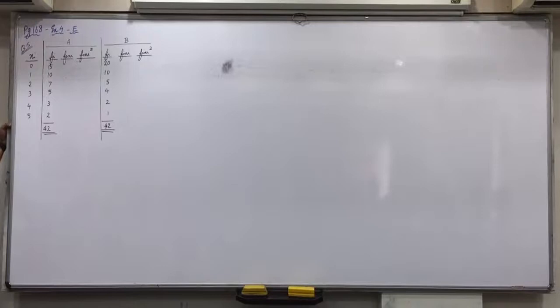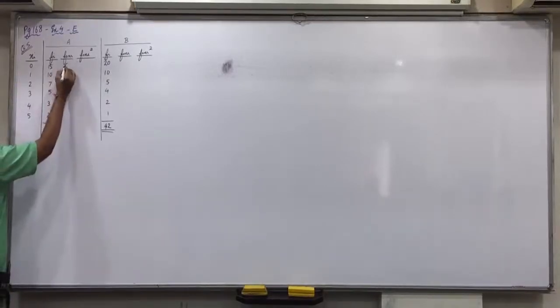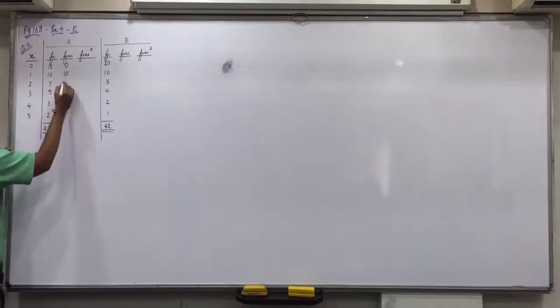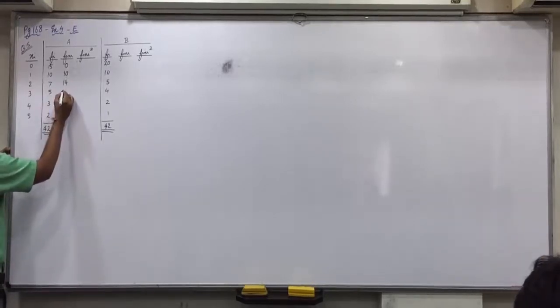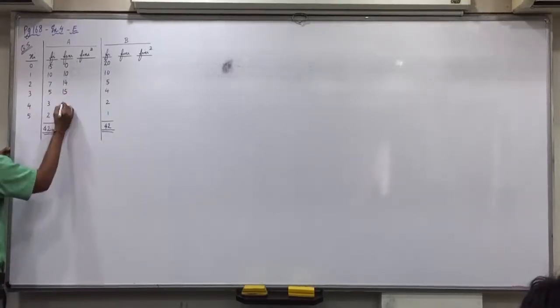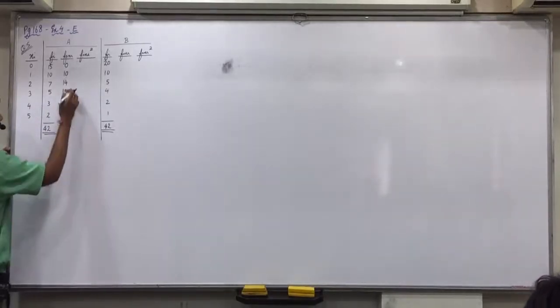Shall I proceed further? Now first fixi for team A. So fi 15 into xi 0. Did you understand it? You can use the memory functions. 15 into 0 is 0, 10 into 1 is 10, 7 into 2 is 14, 3 into 5 is 15, 4 into 3 is 12, 5 into 2 is 10.